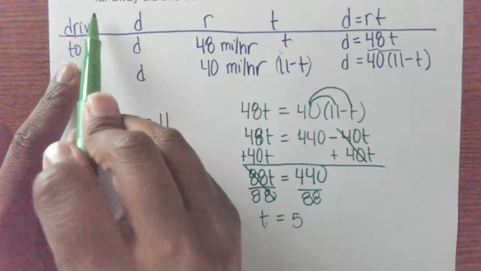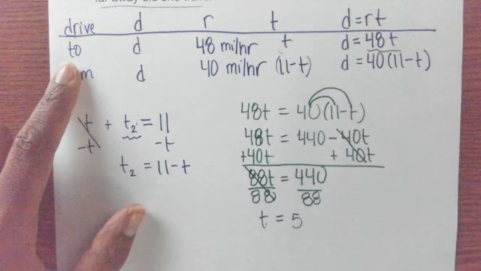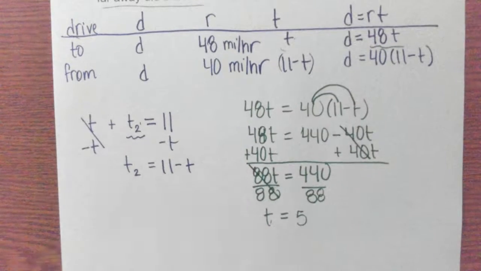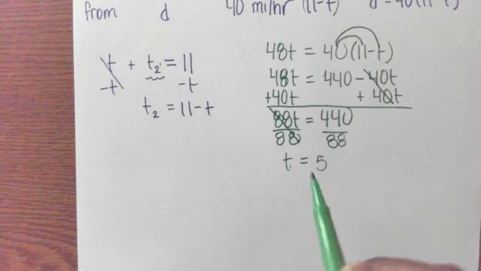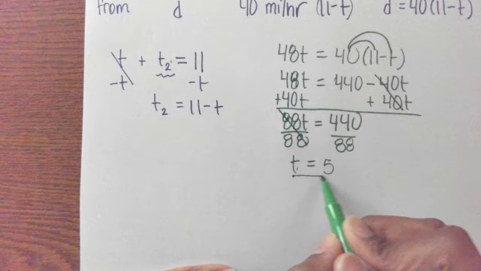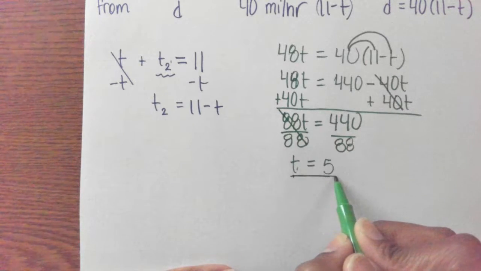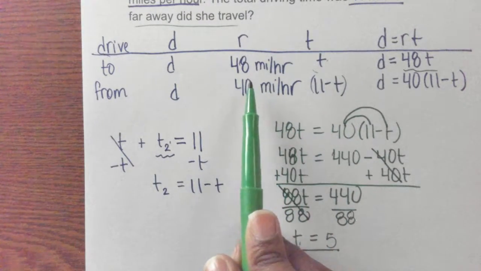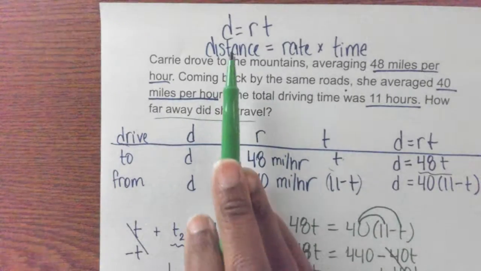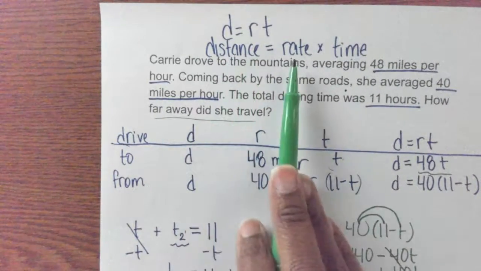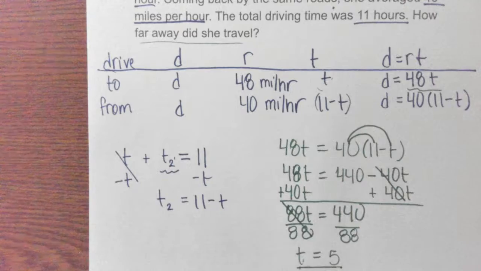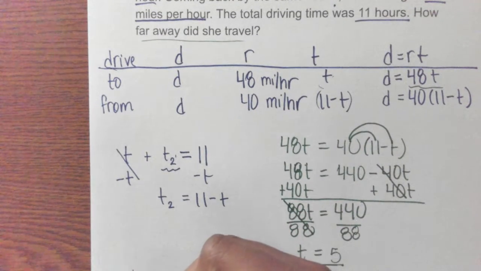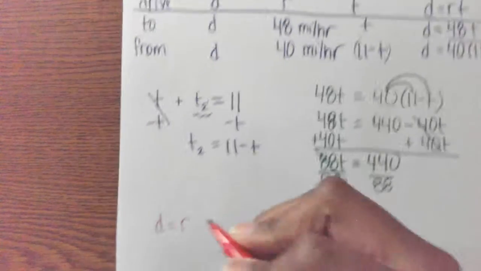But what is it asking us? It's asking us how far away did she travel? That's not what we found. We didn't answer that question yet. So if I know that she drove 5 hours to the mountains, and I know that going to the mountains she was going 48 miles per hour, then I can figure out the distance that she traveled, because I know that distance is equal to rate times time.